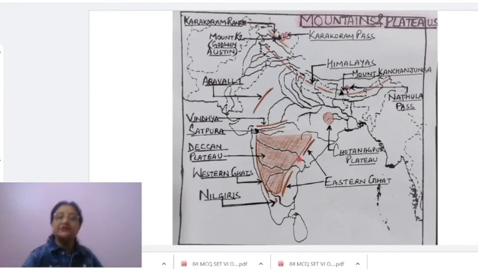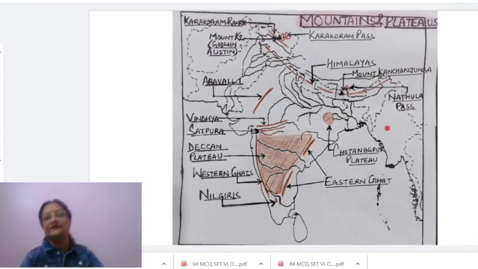In between the Godavari and Krishna rivers, please don't mark it, because the Eastern Ghats have been eroded to a great extent in this part. It is just left in the form of the coastal plain. So you just have to mark this part, number one, and this part.